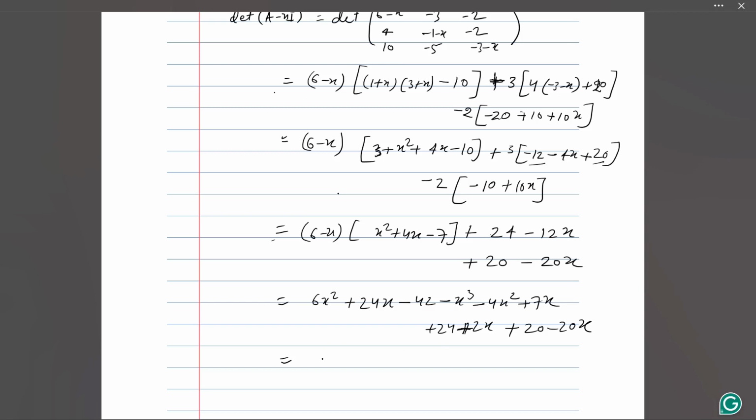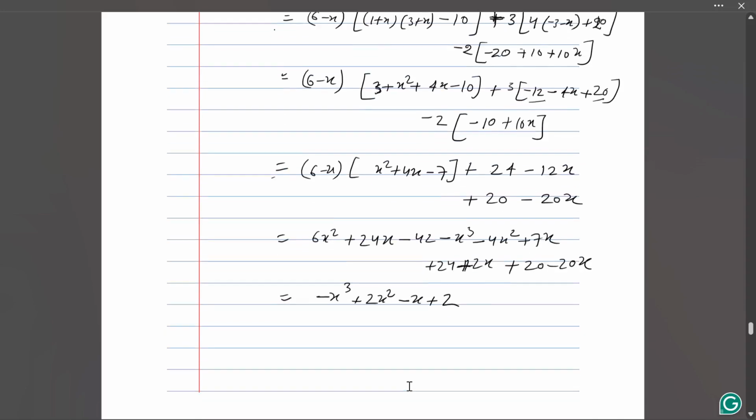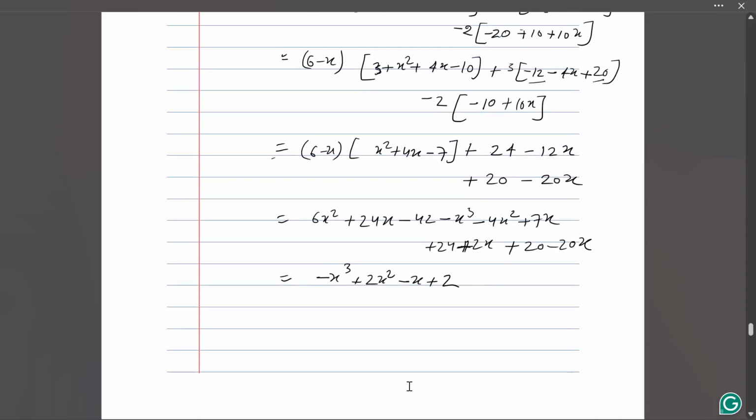Now, at the end, it is becoming x cube plus 2x square minus x plus 2. This is your characteristic equation, and it has the factorization minus x minus 2 times x square plus 1.